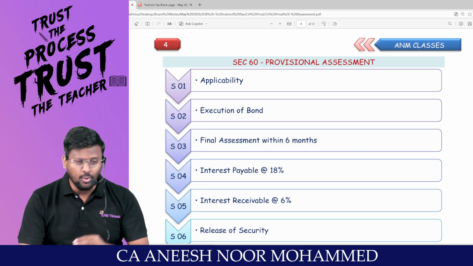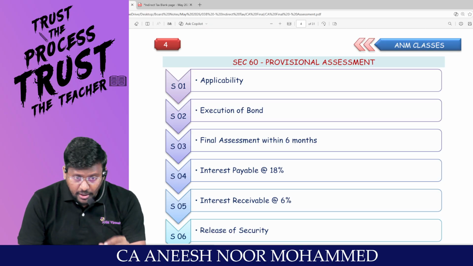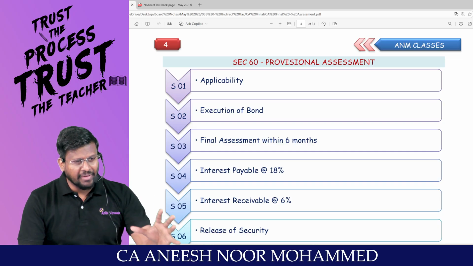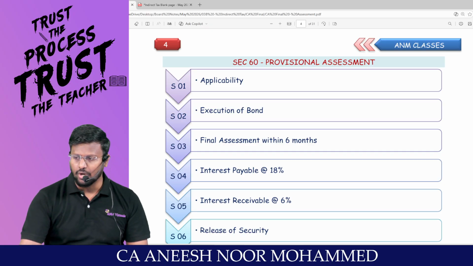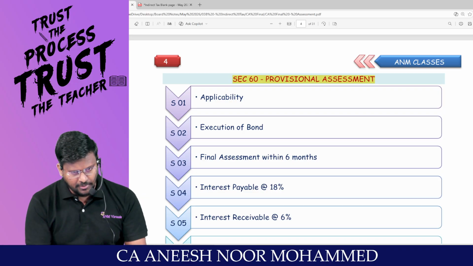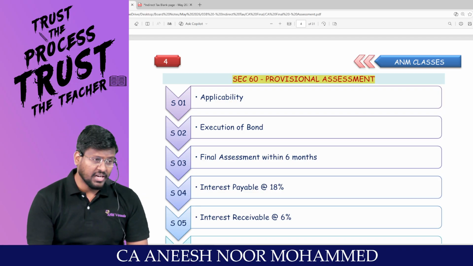Sir, I don't know either the value of supply or the rate of tax. I can't do self-assessment. Then there is a mechanism or option available in the Act that is called provisional assessment. That's section 60, provisional assessment.